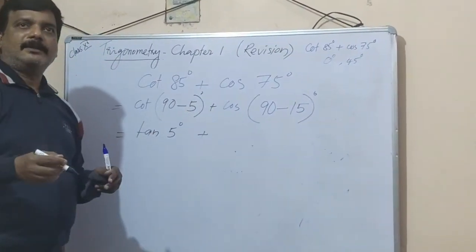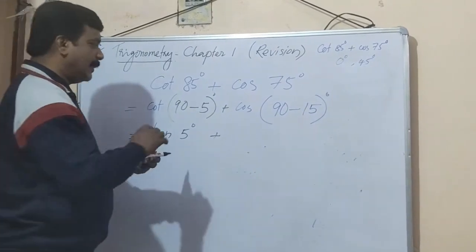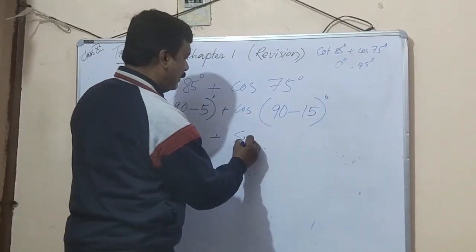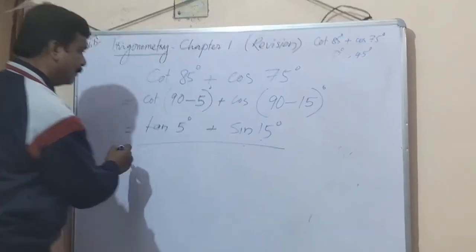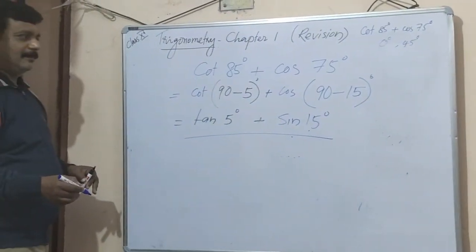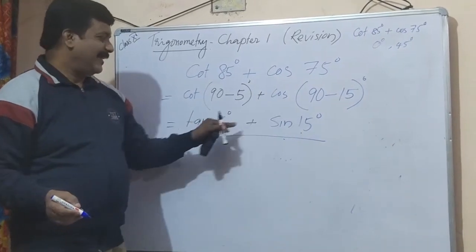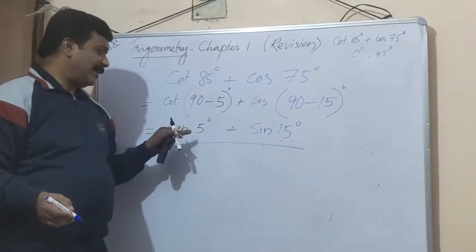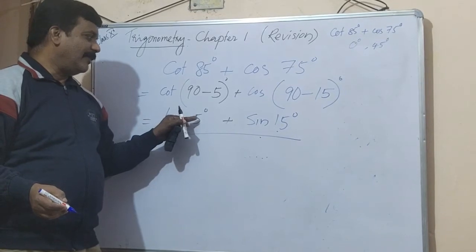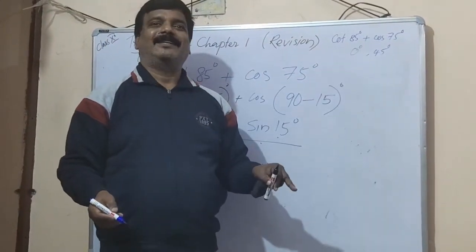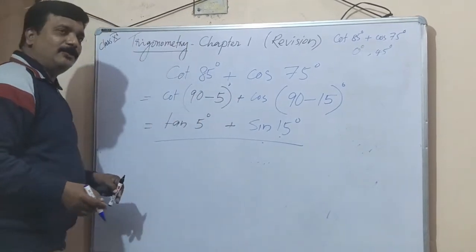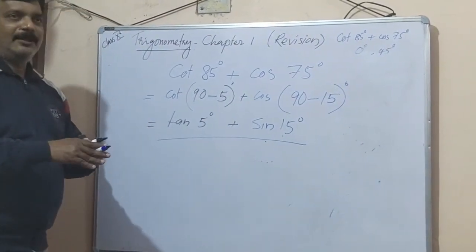Cos of the complement is sine, so it is sine 15 degree. Now that is your answer. We express this expression in terms of 5 degree and 15 degree, which are between 0 and 45 degree. Now I am going to take two more questions of this sort.